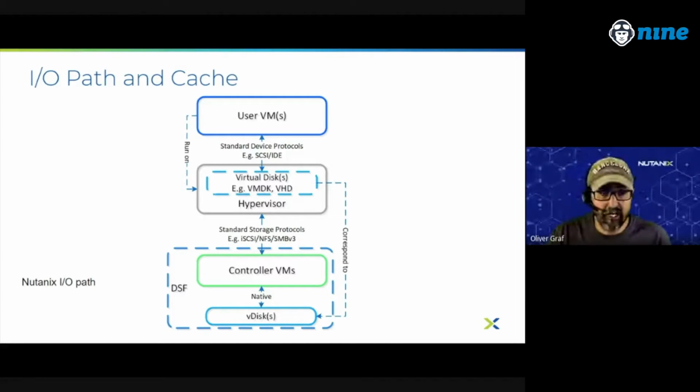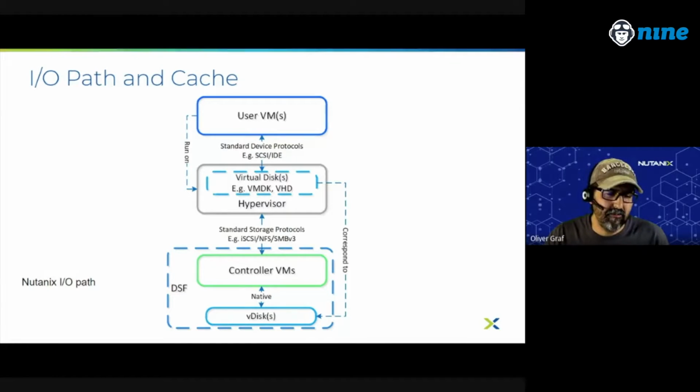Then from the hypervisor to Acropolis DSF via the CVM, the communication between the hypervisor and Nutanix occurs via standard storage protocols over the local interface of the CVM and hypervisor. This would be iSCSI, NFS, or SMB3. At this point, all communication has been local to the host.